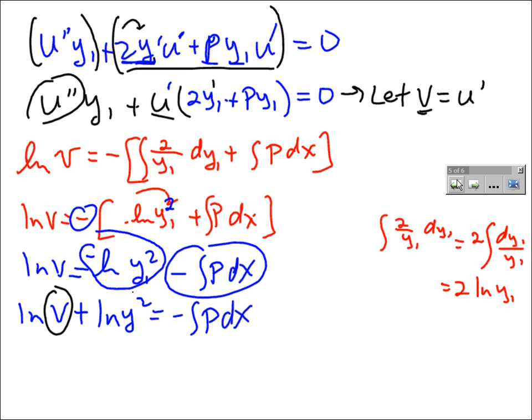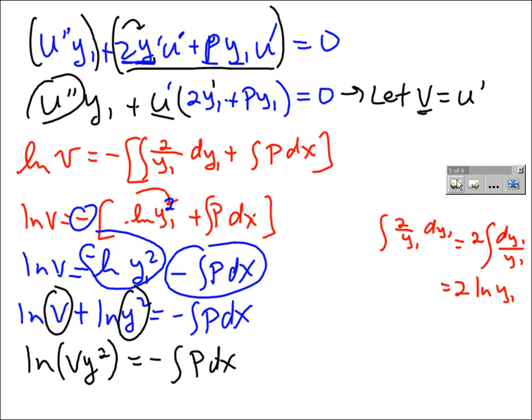Ln of one thing plus ln of another thing is simply ln of the product. And this is negative integral of p dx plus a constant. Now remember, ln is shorthand for log base e.